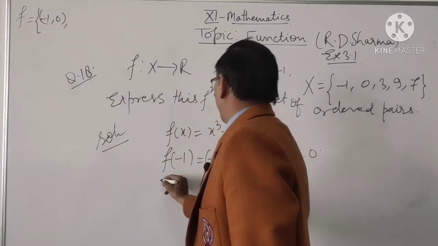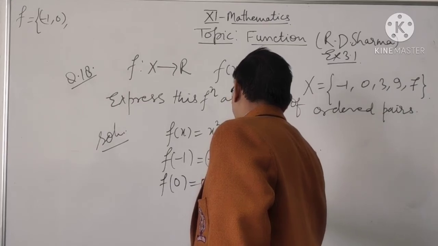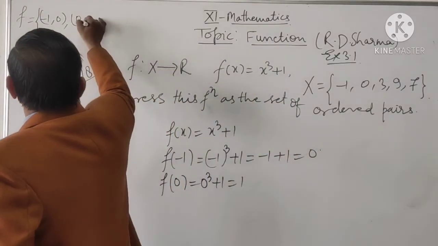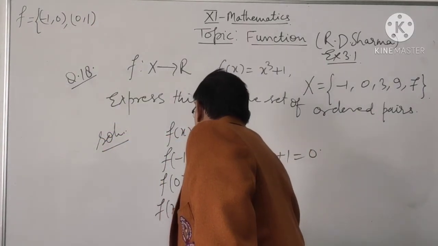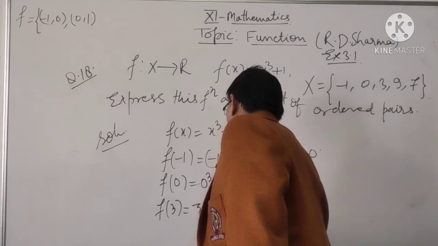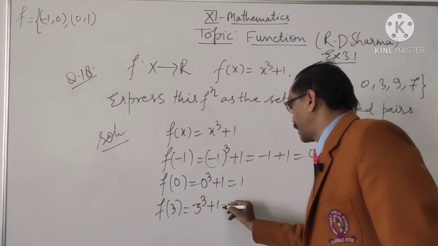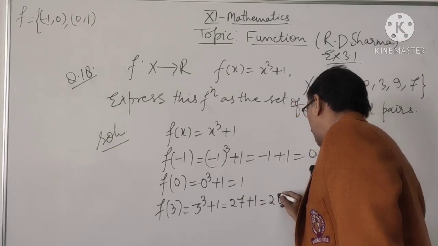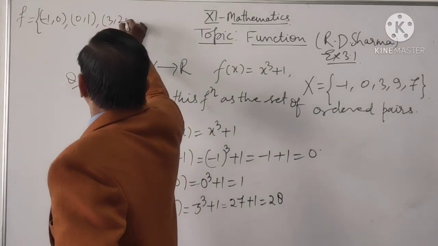When f(0), it is 0 cube plus 1, which is 1. So another ordered pair is (0, 1). Then f(3) is 3 cube plus 1. 3 cube is 27, plus 1 is 28. So it is (3, 28).